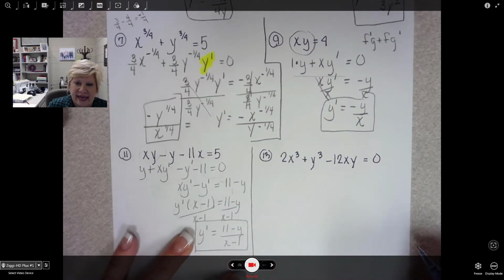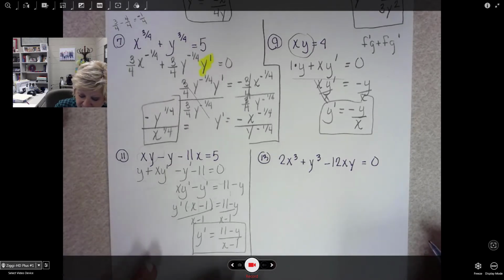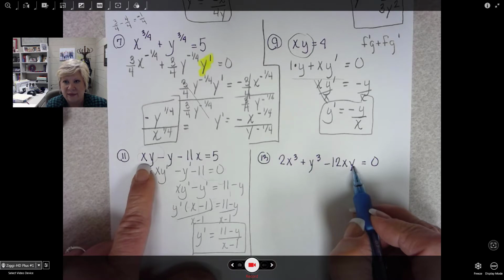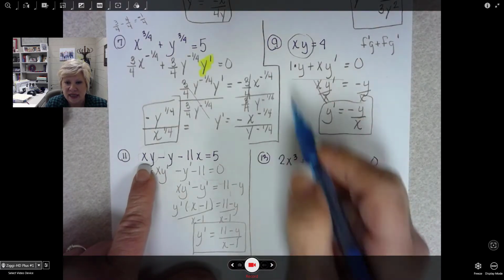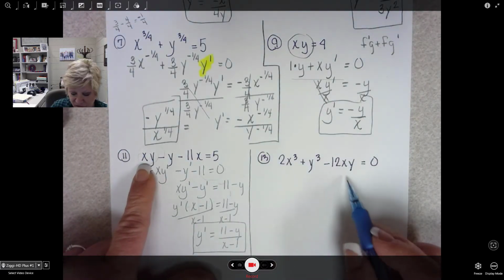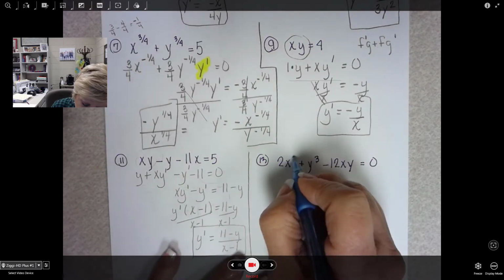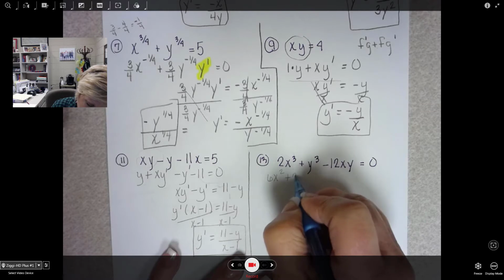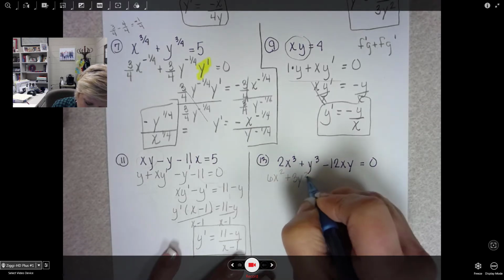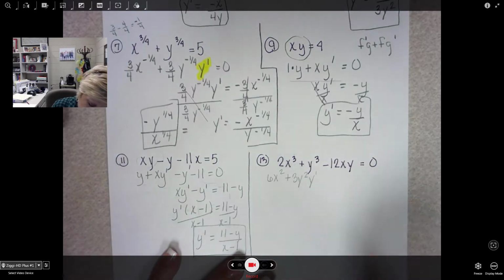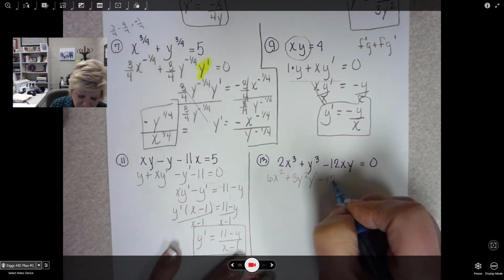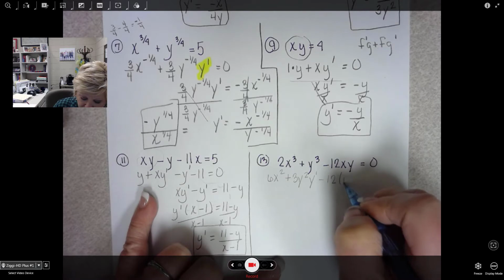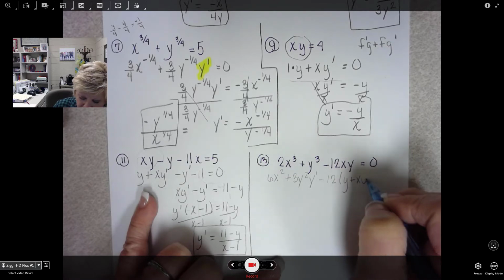Alrighty, and then we have number 13, xy. We've done this one twice already. So this is the third time. It'll just have a 12 in front of it. 3 times 2 is 6x squared plus 3y squared y prime minus 12 times y plus x y prime.